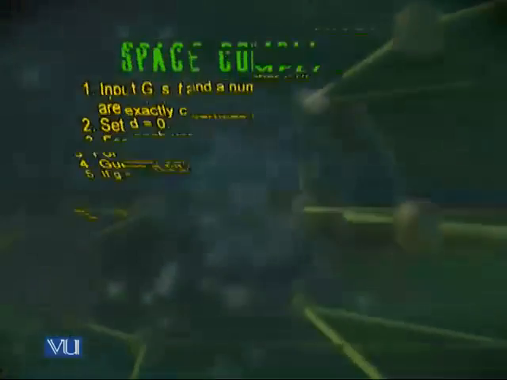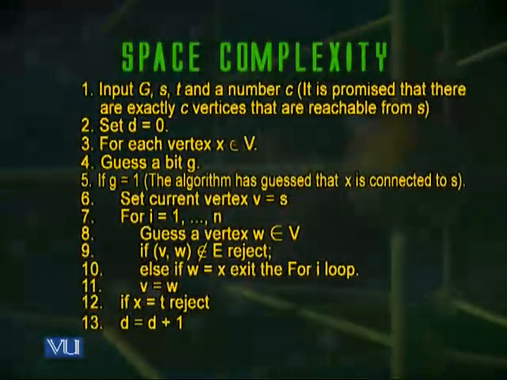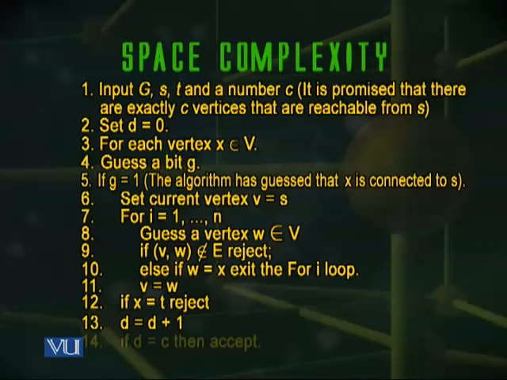If the counter has reached C, then we have verified that at least C vertices are reachable from S and none of them is T, and therefore we would accept. So in the algorithm, you'll see that D is being incremented, and at the end we check if D is equal to C, then we accept the input.